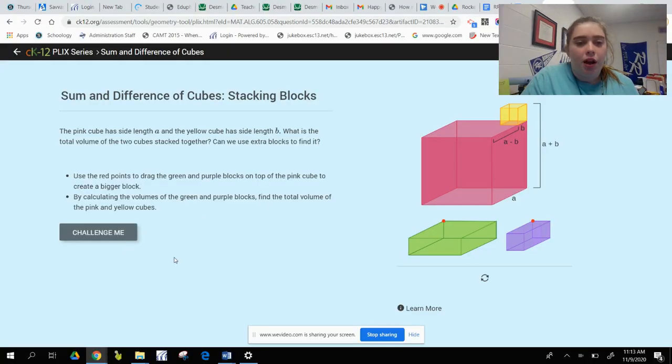Everyone, today we're starting looking at factoring by two terms. So hopefully you came to this website. It did require you to create an account, but you just have to sign in through Google, and that's all you need to do. And completed this.